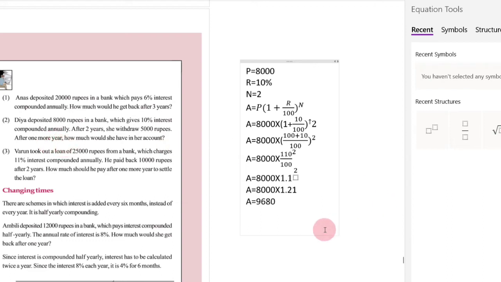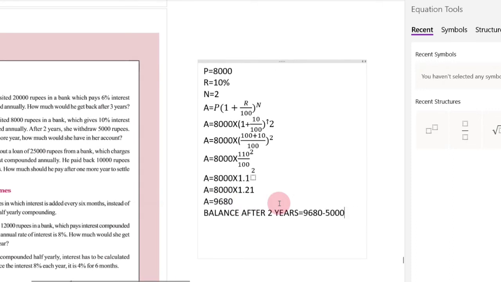So what is the balance amount after 2 years? The balance after 2 years is equal to 9680 minus 5000, which is equal to 4680.